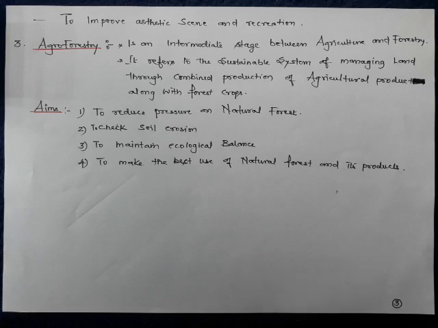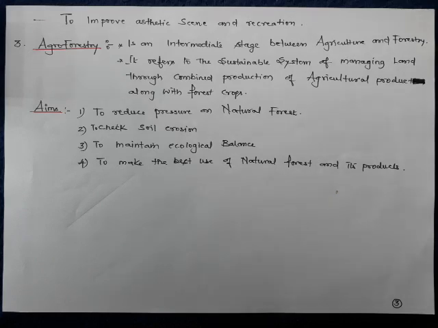As you all know, usually people visit forest areas for recreation. So this also contributes to the development of tourism. The next one is agroforestry, which is an intermediate stage between agriculture and forestry, which means growing of crops along with the forest products. It refers to the sustainable system of managing land through combined production of agricultural products along with forest crops.